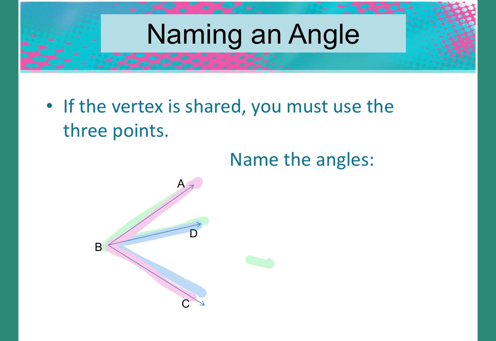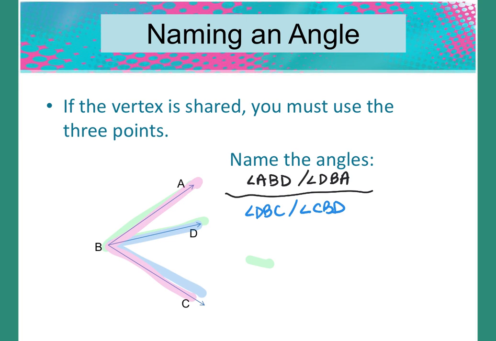There are, like I just said, 3 different angles here. The one on the top would be angle ABD or angle DBA. Those are the same angles. Then you've got the bottom one, angle DBC or angle CBD.